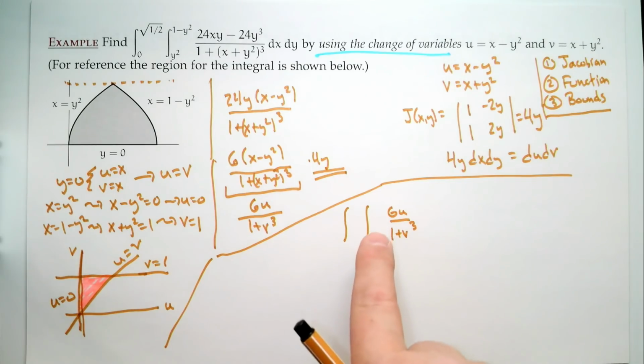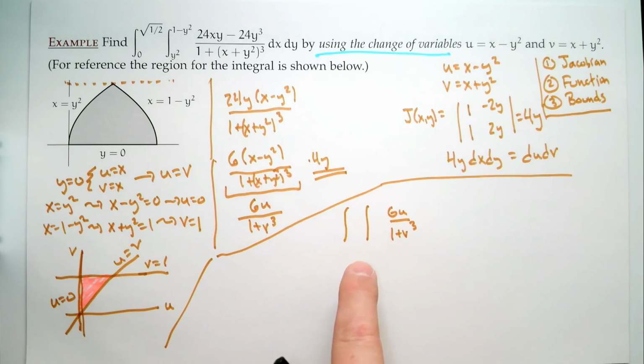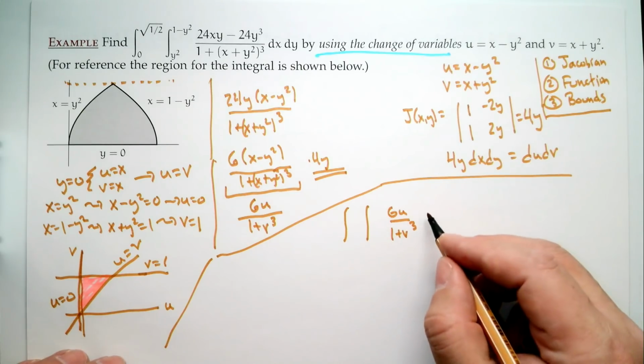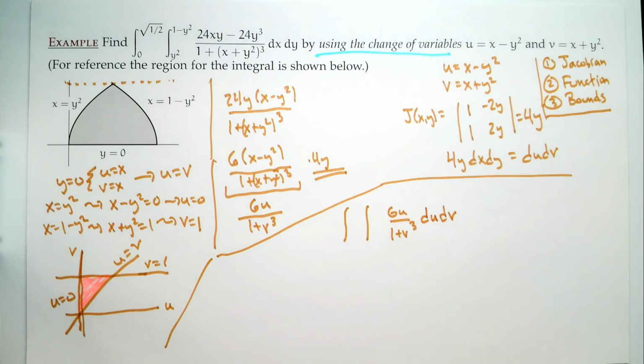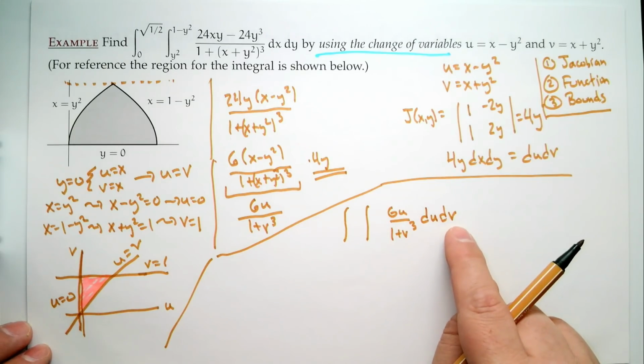Now looking at this, I say I can integrate 6u all day long. But 1 over (1 + v)³, no. I don't want to do that. So let's do the integral we can actually do pretty easily first. So let's pick that as our order, du dv. So now that we know our order, we can say, okay, what are the bounds? Well, where does v go from?